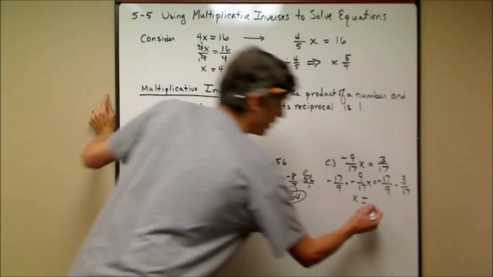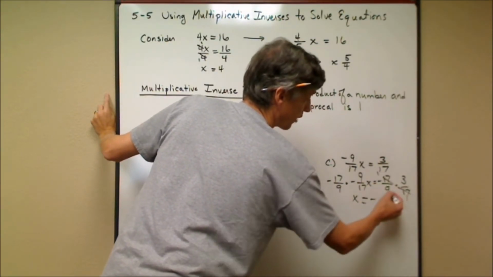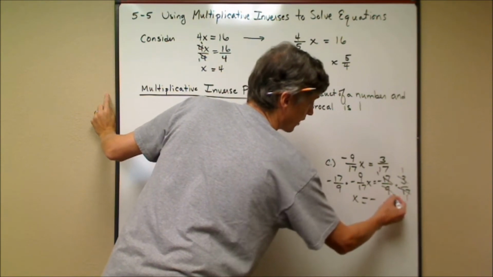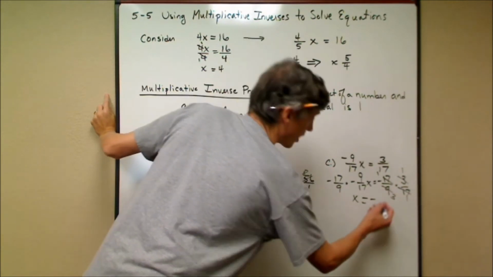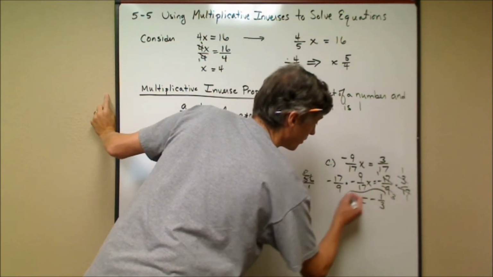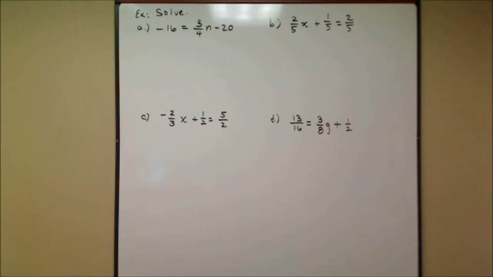So I know that's negative, and I have some cross canceling here. This is convenient. The 17s cancel. And a 3 and a 9, 3 goes in that once, and in that 3 times. So I have 1 times 1 on top, 3 times 1 on the bottom. That's 1/3. And there's my answer. X equals negative 1/3.